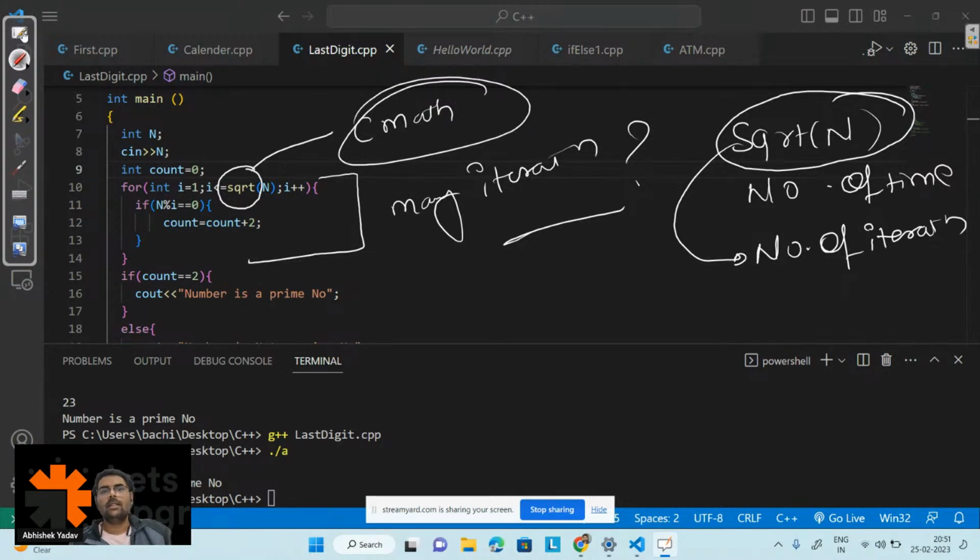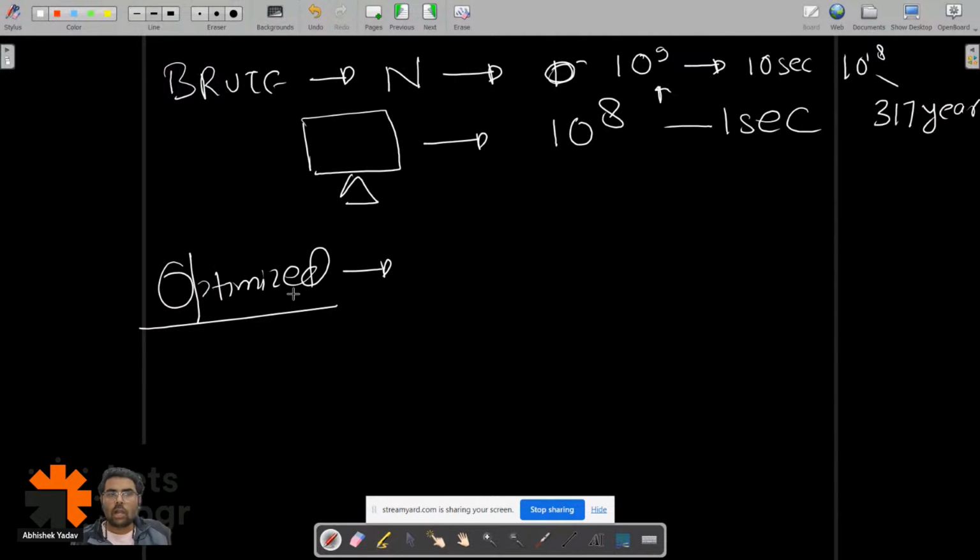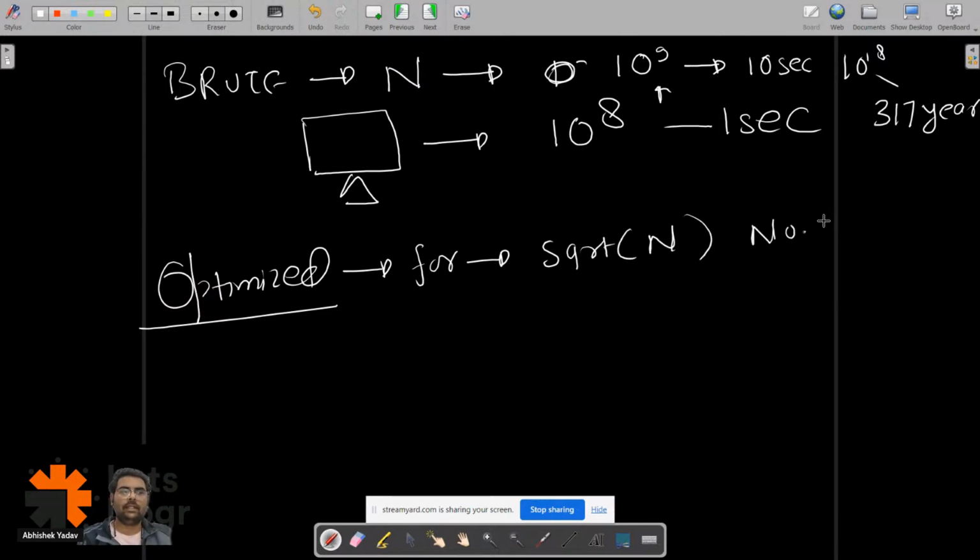Okay. So now in the optimized approach, your for loop is doing square root of n iterations. Again, we are having the same computer.